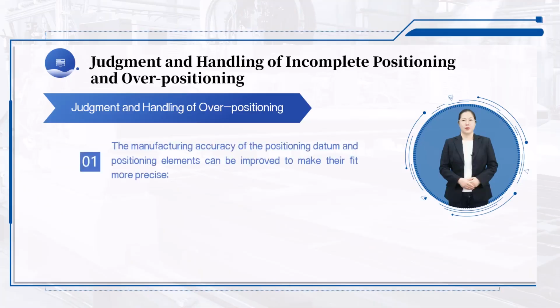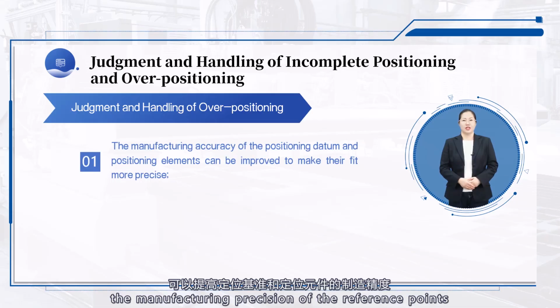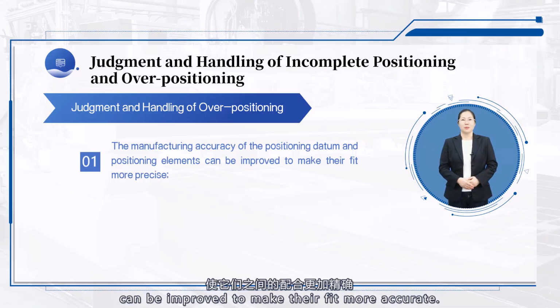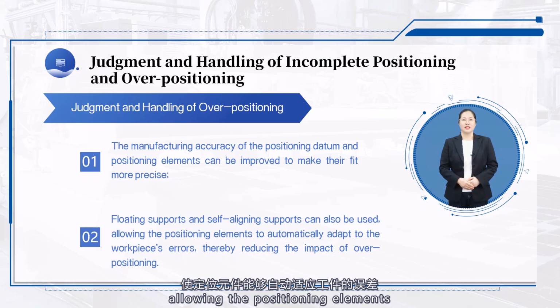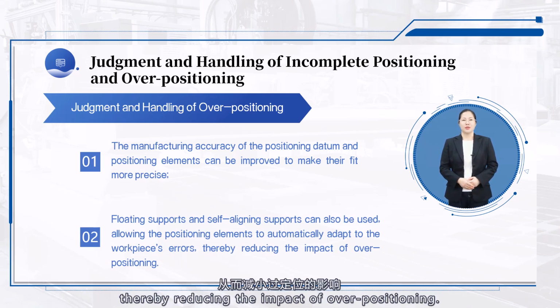For example, the manufacturing precision of the reference points and positioning elements can be improved to make their fit more accurate. Alternatively, floating supports or self-aligning supports can be used, allowing the positioning elements to automatically adapt to the workpiece's errors, thereby reducing the impact of over-positioning.